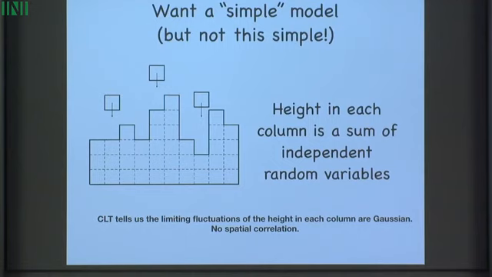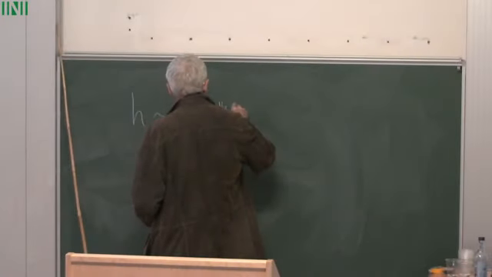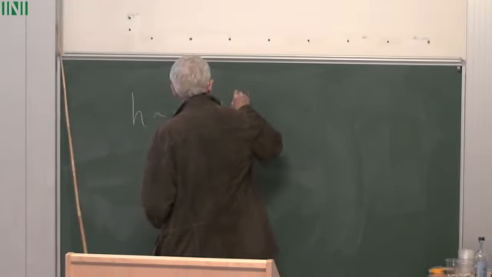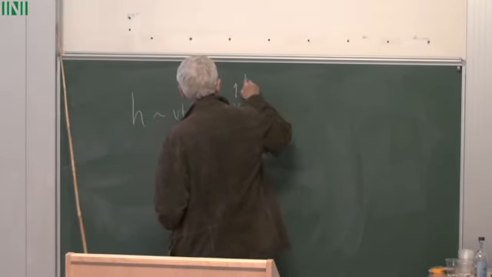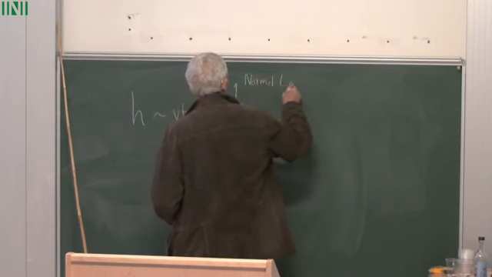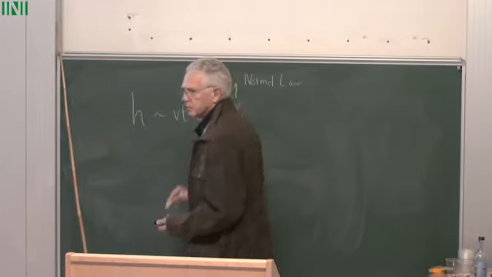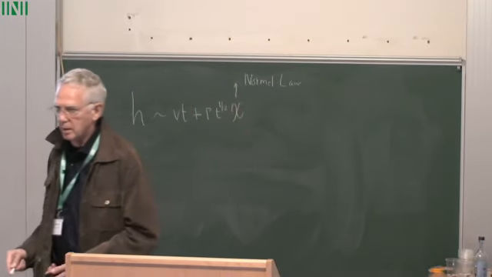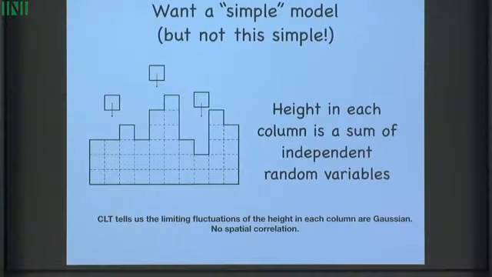And of course, we all know that the height, h, would go like some velocity times t plus some normalization t to the 1/2 times chi. And this chi would be our normal law. And the characteristic 1/2. But of course, this is too simple.